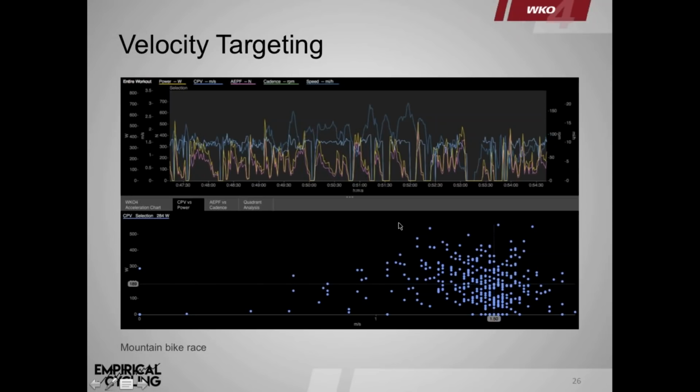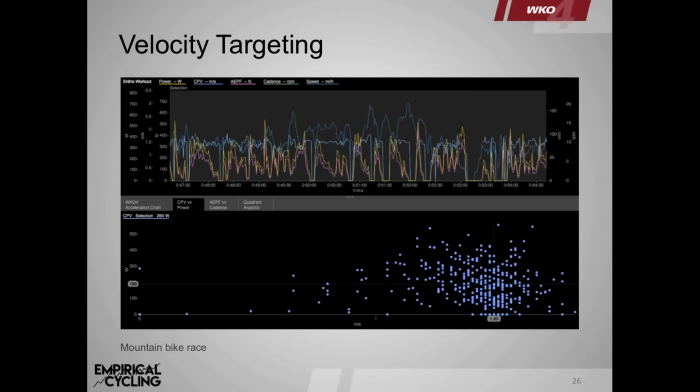So I would assume that all of these contractions are about 90%, but I'm thinking where does she spend the most time? She spends the most time anywhere from about 0.6 meters per second to 1.5 to 1.75 meters per second or so.